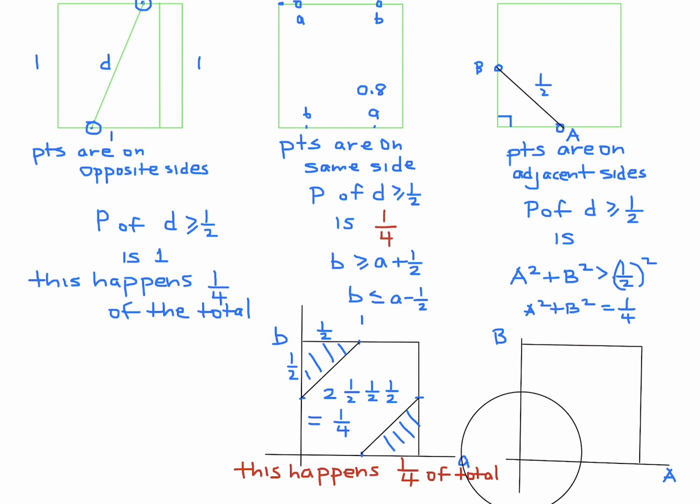So it's like this. Now on this graph, if A squared plus B squared was equal to a quarter, it'd be just that line right there, that part of the circumference. But it's greater than, so it's basically this whole region right here. And that is the area we have to figure out. Well, that area will be as follows. I'll do it over here.